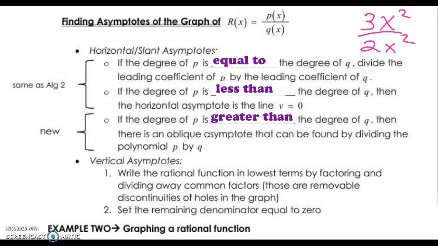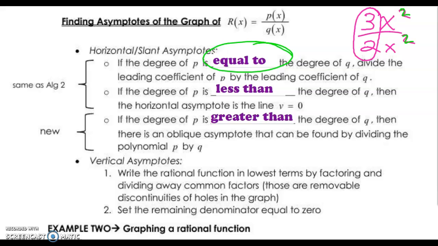The degree is 2 for each of those, so since the degree is equal in P and Q, the horizontal asymptote will be at y equals 3/2.